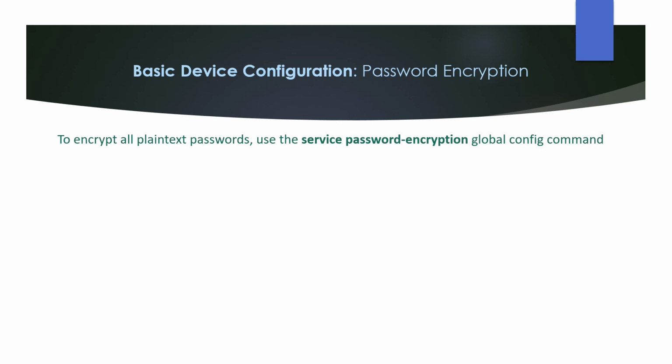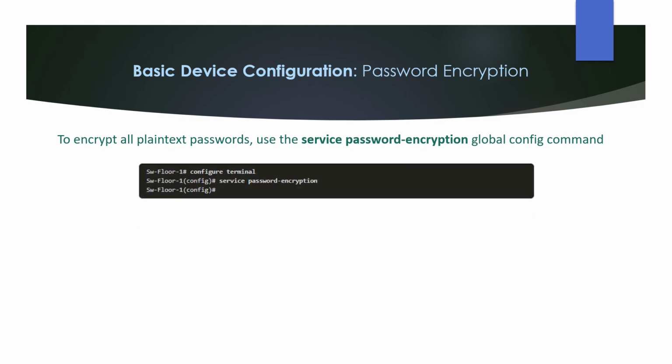So, to encrypt all plain text passwords, you have to use the service password-encryption global configuration command as it is shown here in this example. So you have to be in the global configuration level, and by using the command service password-encryption, you will be able to encrypt all plain text passwords.